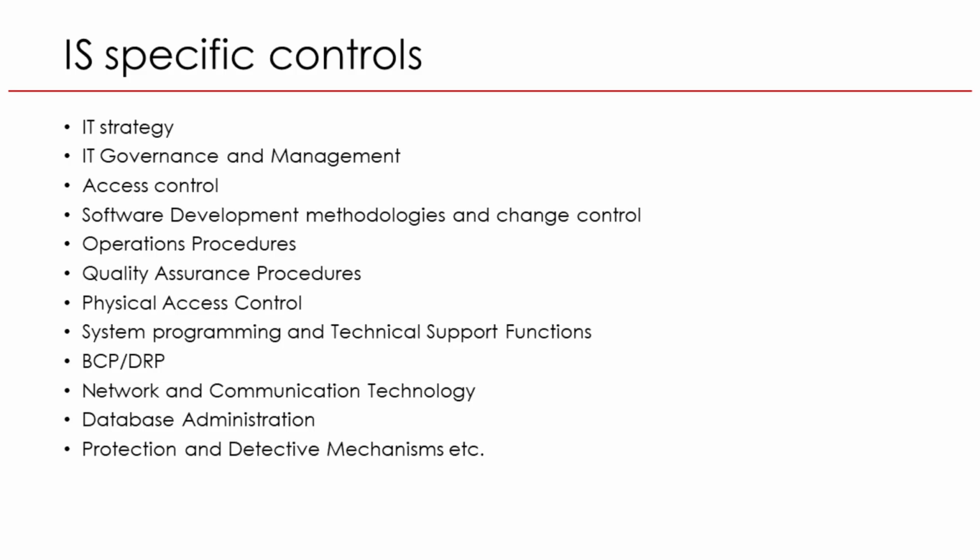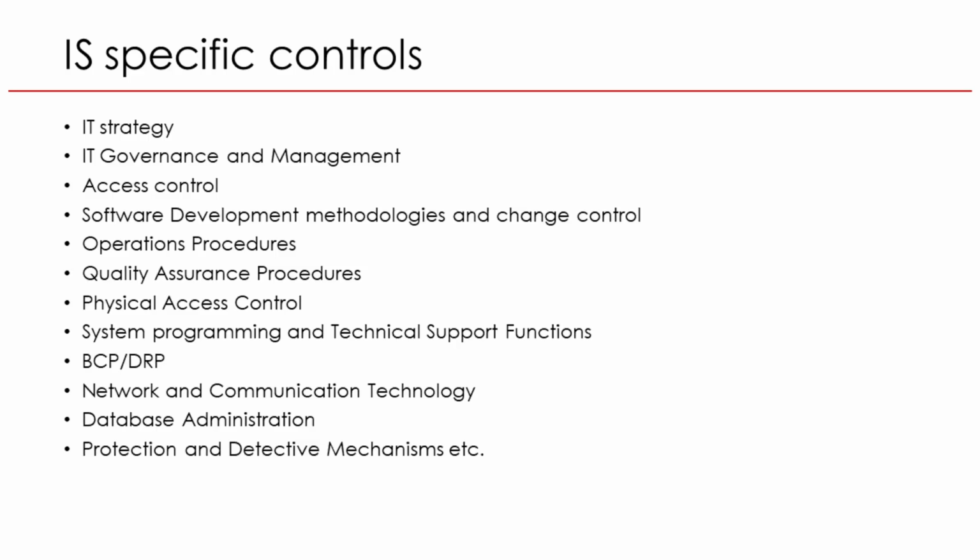Business continuity and disaster recovery plans, BCP/DRP, help organizations continue operations during disruptions. For instance, a company using backup data centers during power outages. Network and communication controls secure data during transmission using firewalls or VPNs.